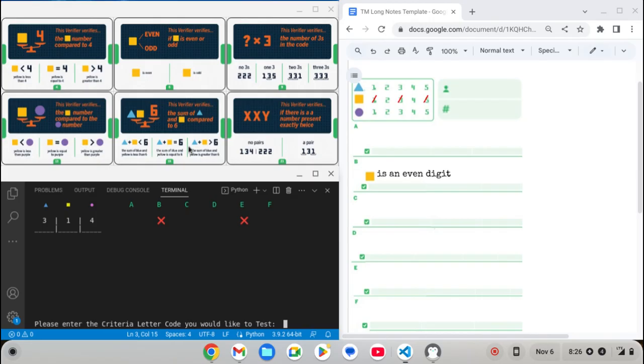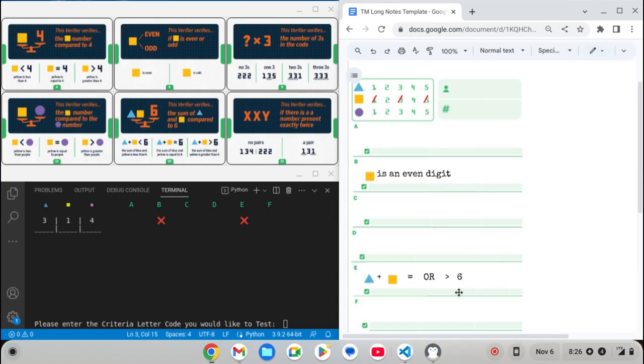So let's go ahead and type that up again in our notes for section E. And again, that's the sum of triangle plus square is either equal to or greater than 6.